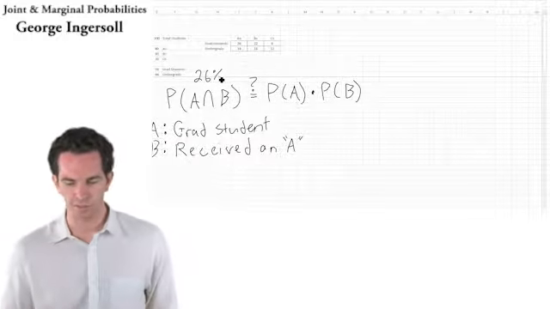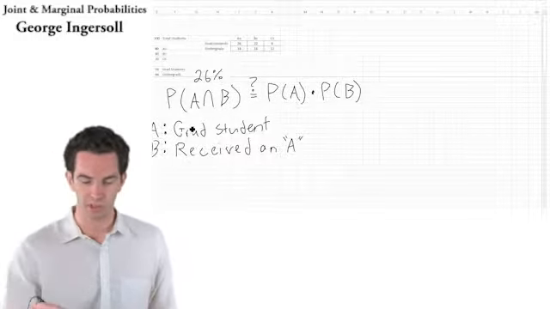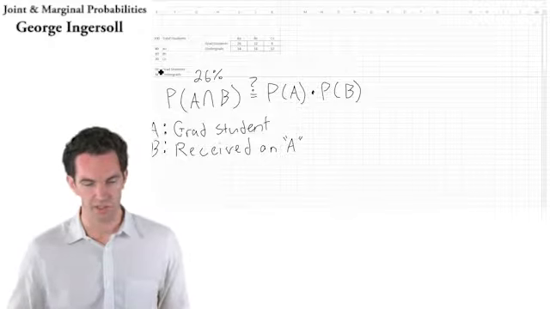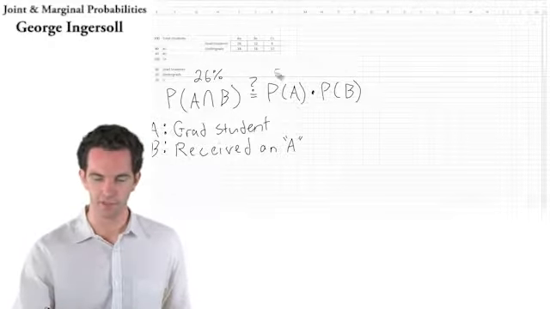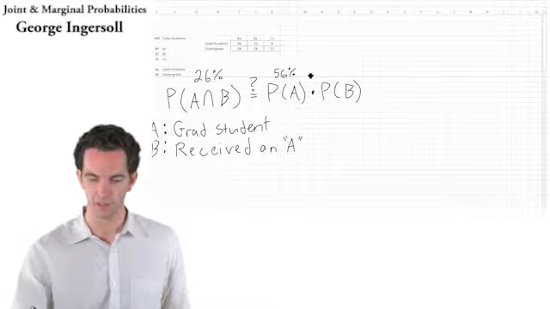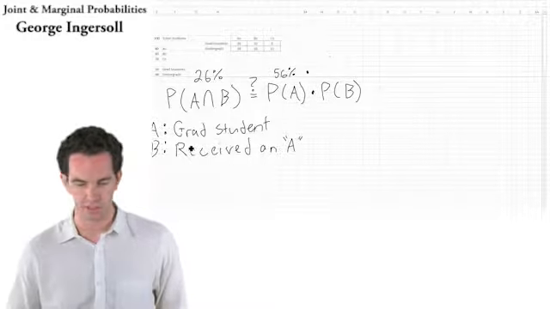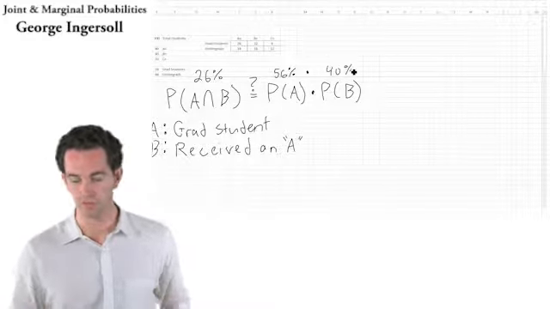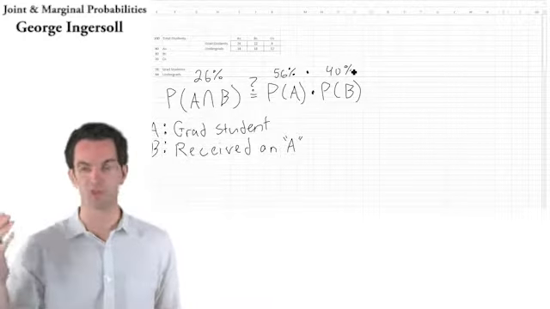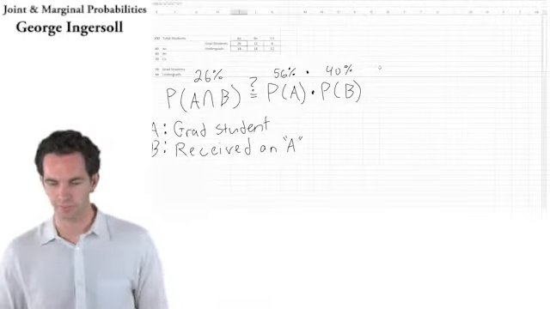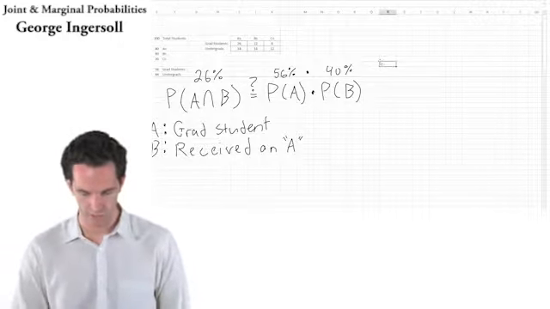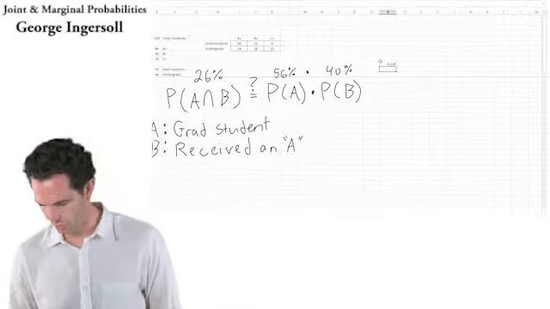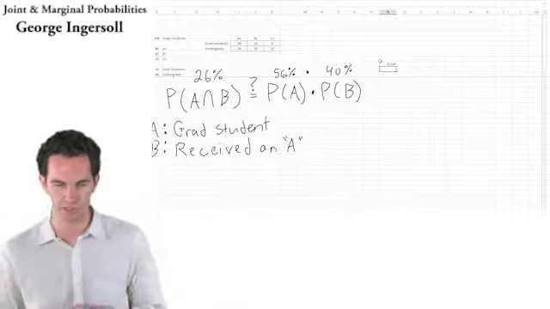And over here, the probability of event A, being a graduate student, is 56 out of 100, so that is 56%. And B is received an A. There were 40 A's out of the class, so 56% times 40%. I'll work this out eventually. 0.56 times 0.4 is equal to 0.224, otherwise known as 22.4%.